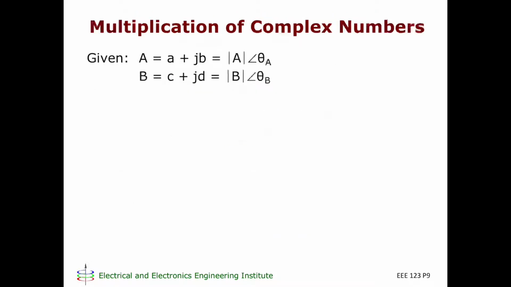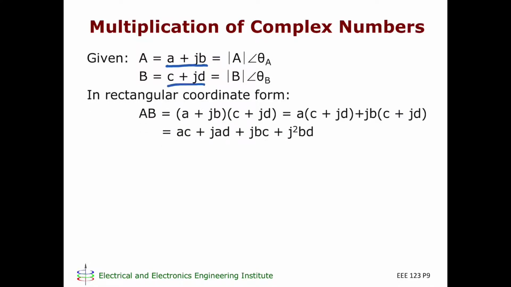Let's now go to the multiplication of complex numbers. If A is equal to a plus jb and B is equal to c plus jd, in rectangular coordinate form, we actually have to distribute this addition into the multiplication. This is just the distributive property of multiplication.